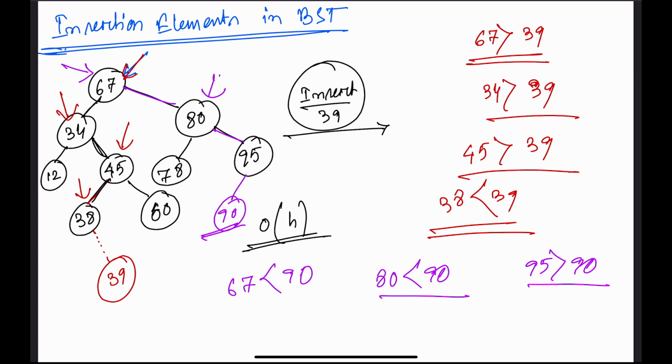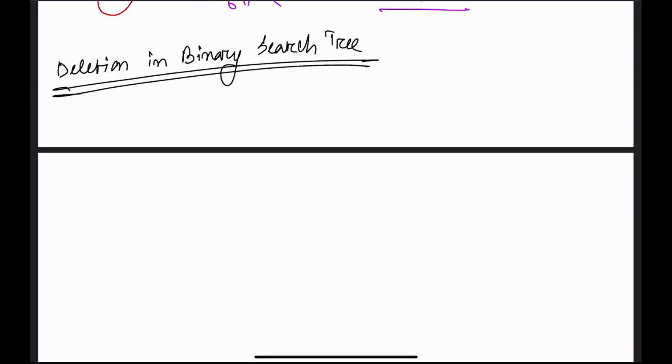By the way, this O of h could be written as O of log n. Why log n? Because h could be replaced as log n, right? Isn't it? So the deletion operation now. Deletion in binary search tree. There are three cases which need to be handled.